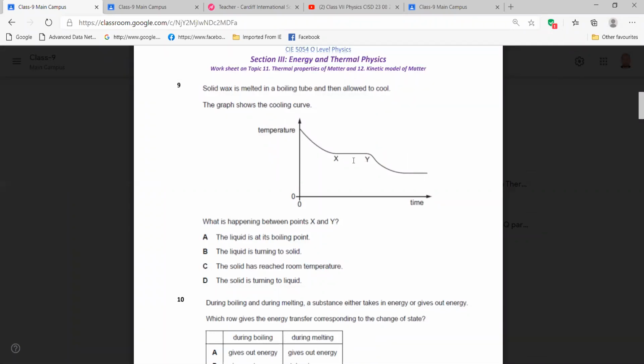And from X to Y, it's freezing, right? Solidification is happening, isn't it? Yes, sir. Faiza, did you get it? And at the beginning, they said it is a cooling curve, right? So temperature is decreasing.